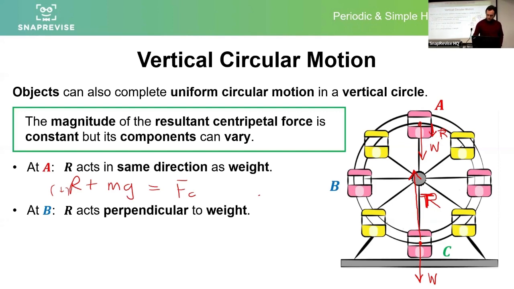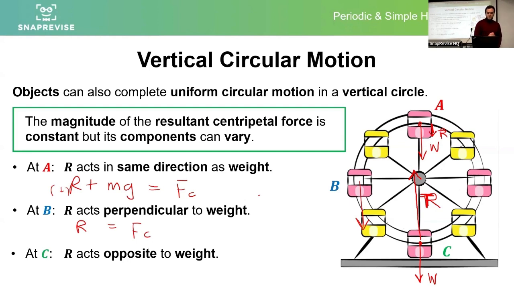At B, R acts perpendicular to the weight, so the weight doesn't really have an effect. So R is exactly equal to the centripetal force because the weight is busy acting perpendicular to it.